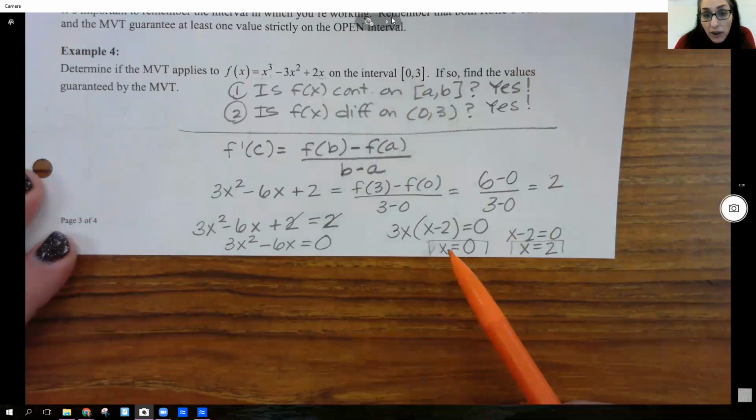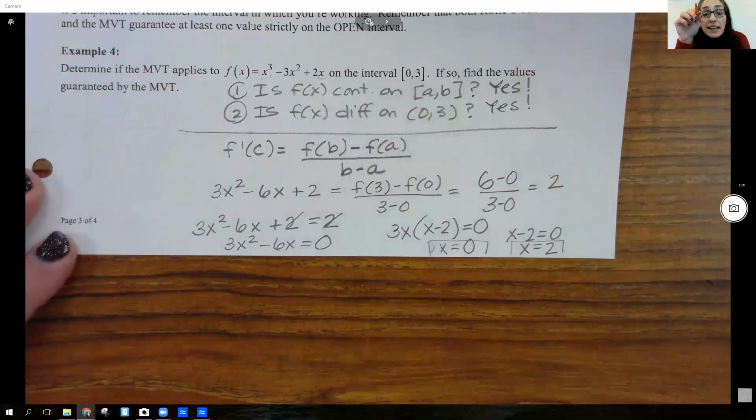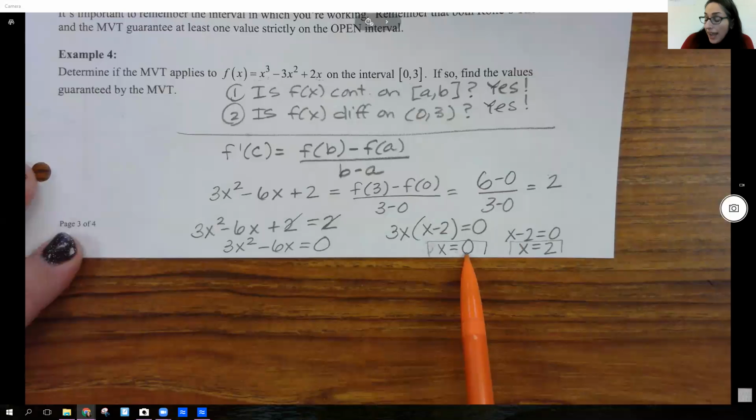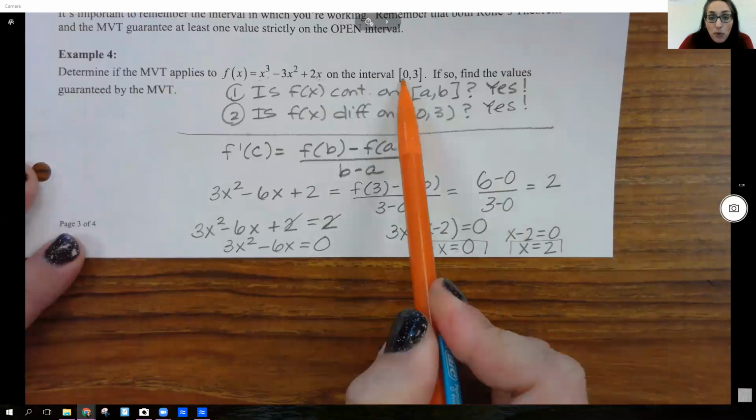So let me say that again. When you get these answers, they represent the x coordinate where you would draw a tangent line. I cannot draw a tangent line at 0 for this example because 0 is the endpoint of this interval.